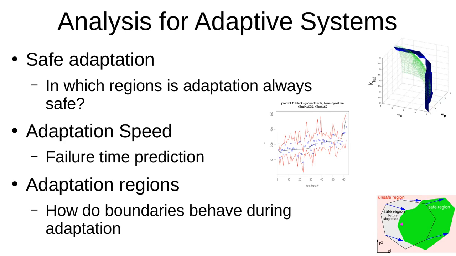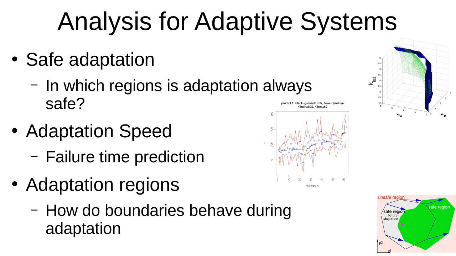Here on the top panel we just show one quadrant. Inside the quadrant, the adaptation can be done safely, so the aircraft stays in the air after a damage. If the parameters are outside of this sphere, then the adaptation cannot be guaranteed to be successful.